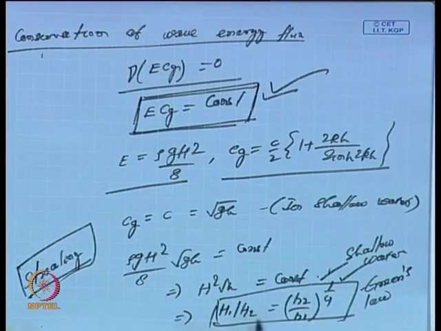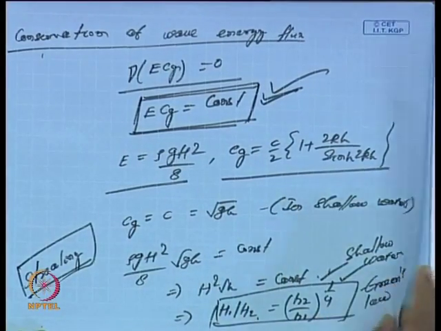This relation is particularly for shallow water, but in general it is this. So, that is another very important observation. Although it is very easy to show, it gives us a clear idea about how the changes take place when there is a change in the wave height and how the water depth is related.